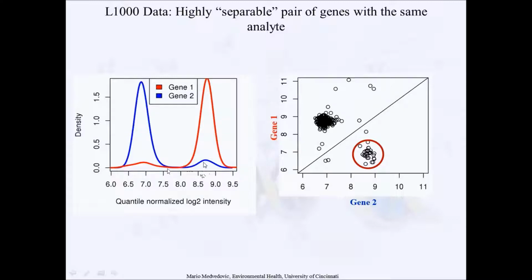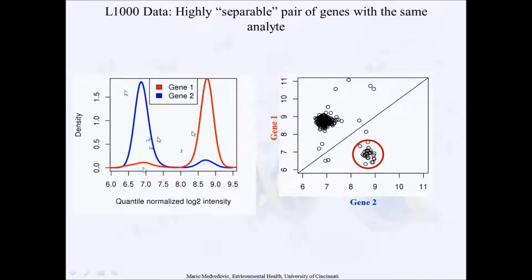But then there are these small subpopulations of measurements that look conspicuously like the opposing gene expression level distribution. And just by looking at this view, you cannot really say if these are really outliers or points in which this particular, say, gene 1 is more expressed than at its baseline level. And same thing for gene 2.